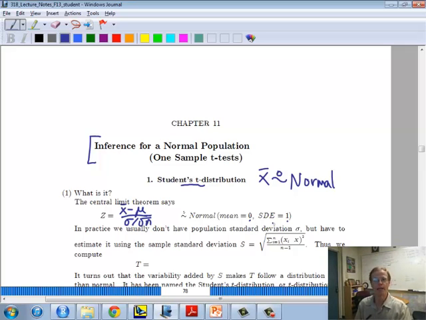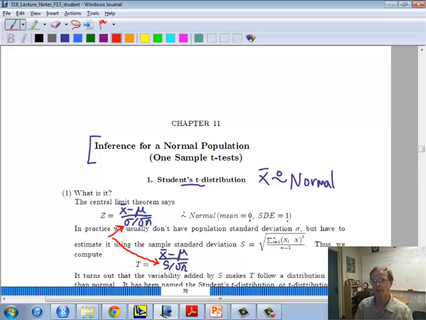Now in practice we often don't have the population standard deviation. What we do wind up doing is we estimate the population standard deviation with a sample standard deviation.